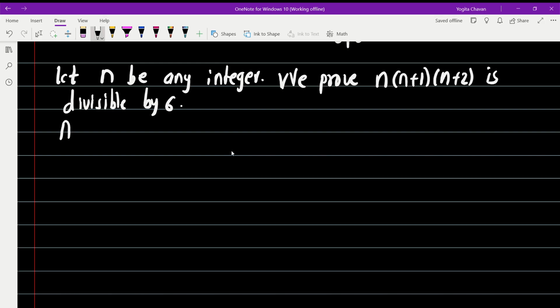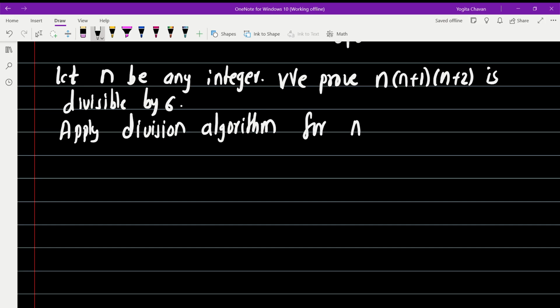Now apply the division algorithm for n and 6. This implies integer n can be written as 6 into some quotient q plus remainder r.